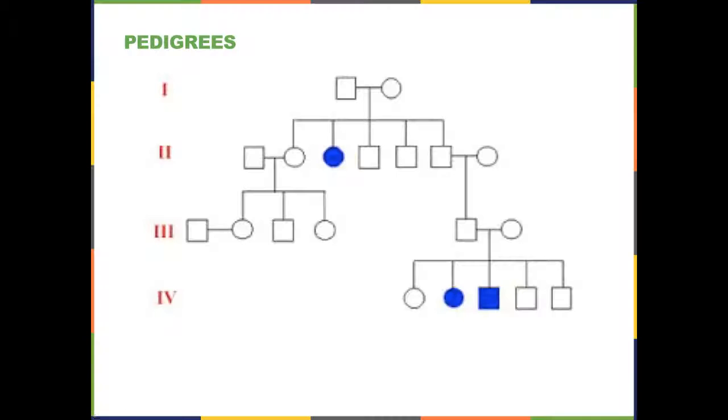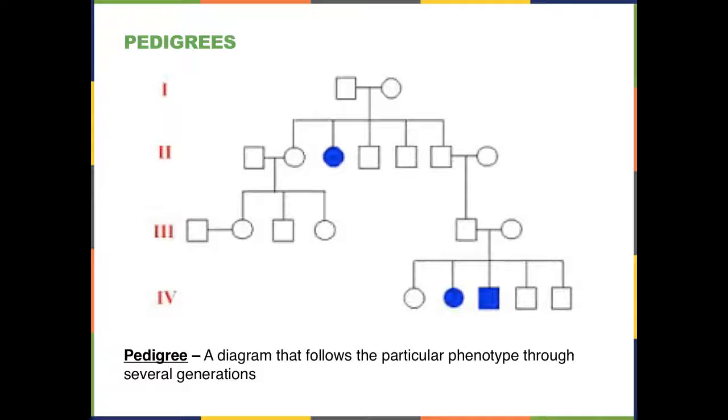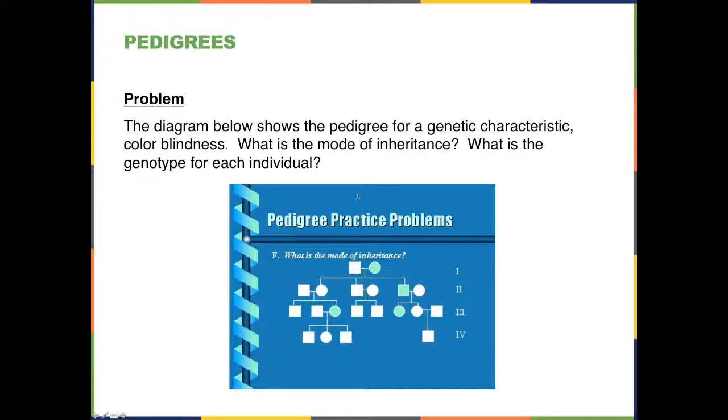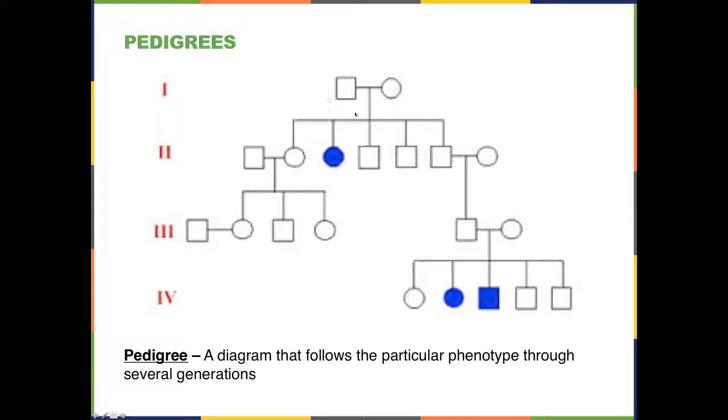Now moving on, this is what's known as a pedigree. A pedigree is a diagram that follows a particular phenotype through several generations. Now let's go over some conventions for pedigrees.